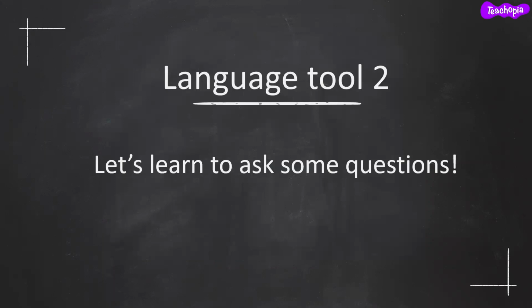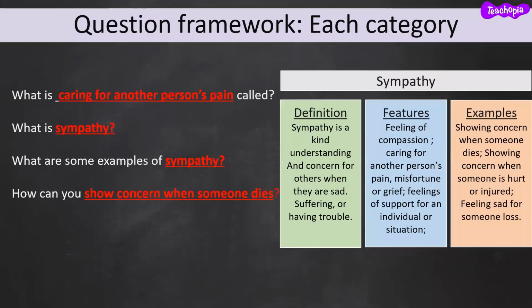Now in language tool 2, let's learn to ask some questions. The first question that you see to your left, what is caring for another's pain called? Here, caring for another's pain is highlighted. It is highlighted because that phrase is taken from the features category.